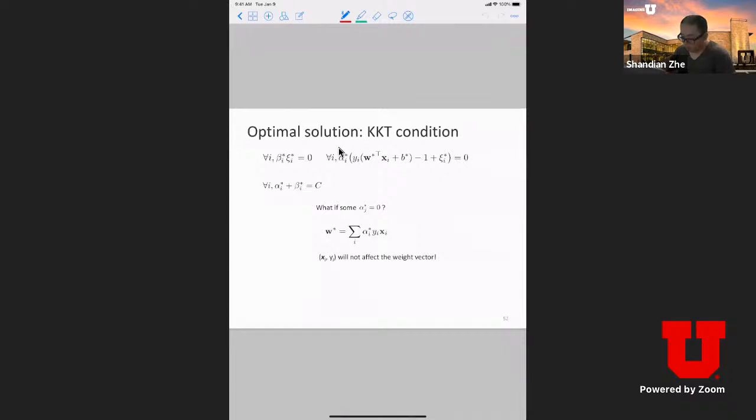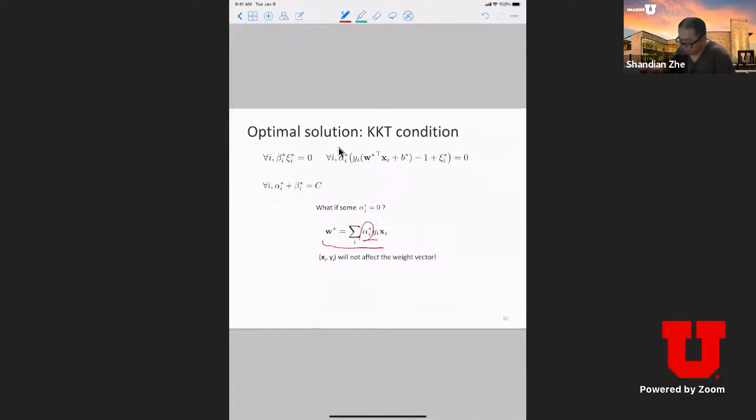From the dual form, we know that w star, the optimal weight vector, is a linear combination of all the training inputs. It is a summation over alpha i star yi times xi. yi is either 1 or minus 1, so it doesn't change the scale, but the scale is determined by the Lagrange multiplier alpha i star.